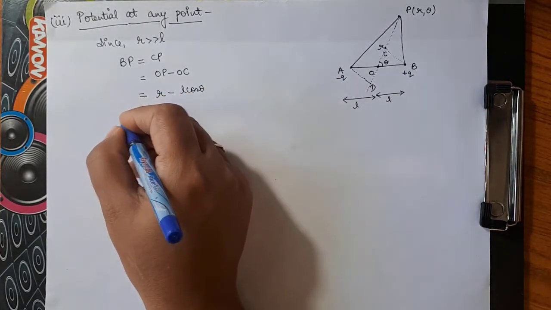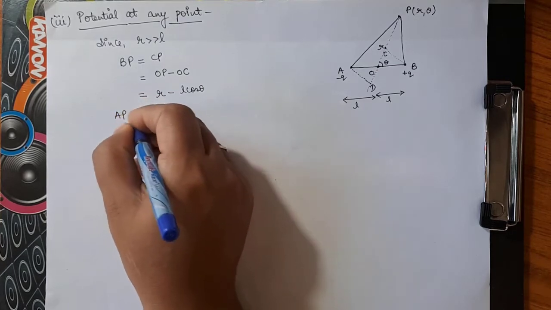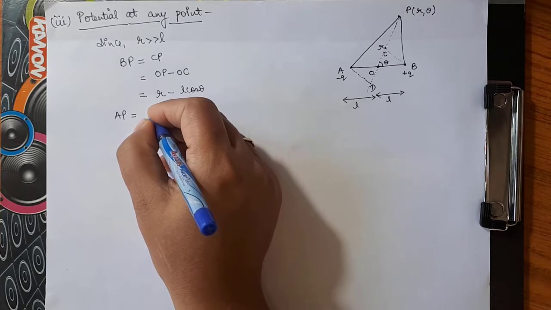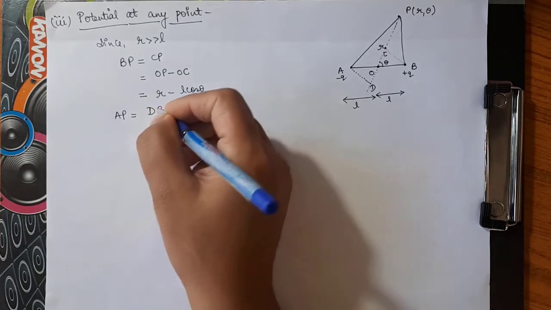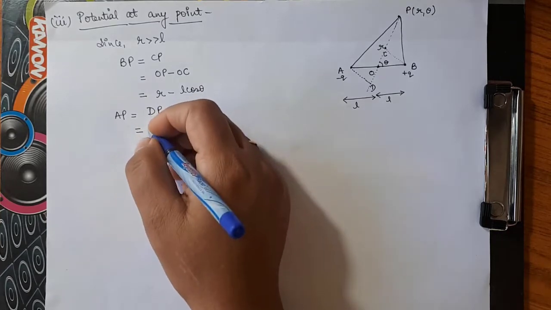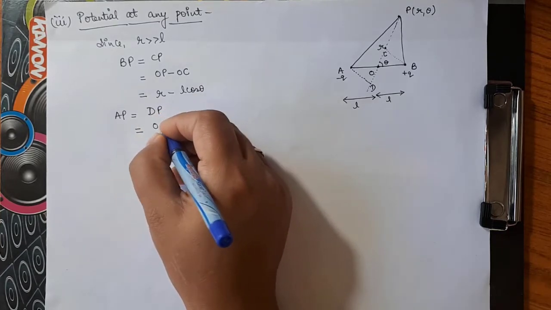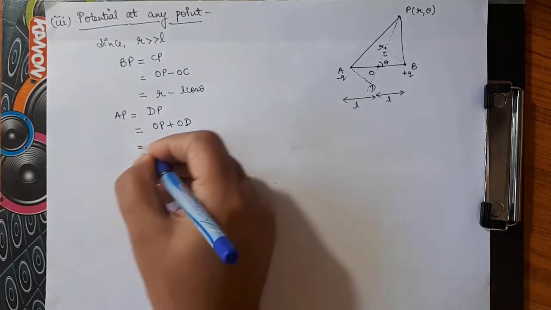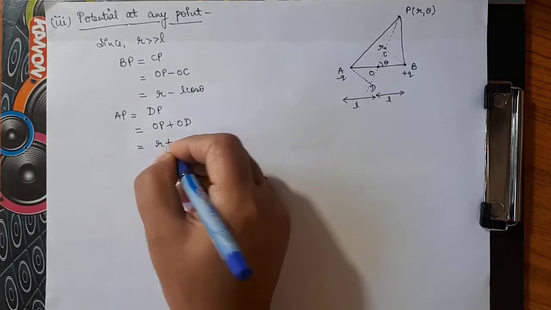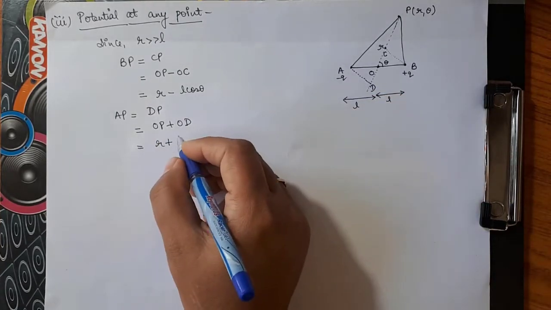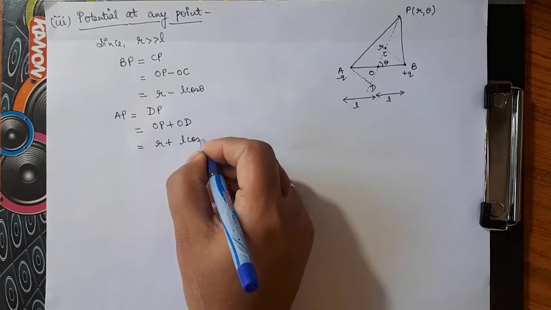Similarly, we can calculate AP. AP is equal to DP for large values of r, and this DP is equal to OP plus OD. OP is again r and OD can be calculated by considering this small triangle. It is L cos theta.